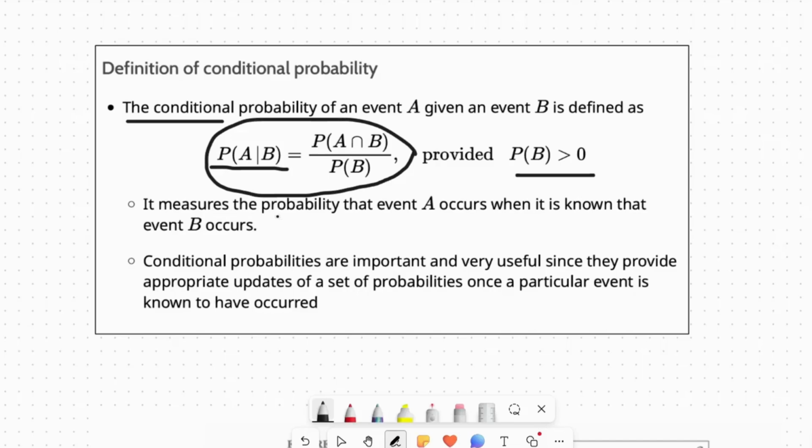It is measured as the probability that event A occurs when it is known that event B occurs. Conditional probabilities are important and very useful since they provide appropriate updates of a set of probabilities once a particular event is known to have occurred.